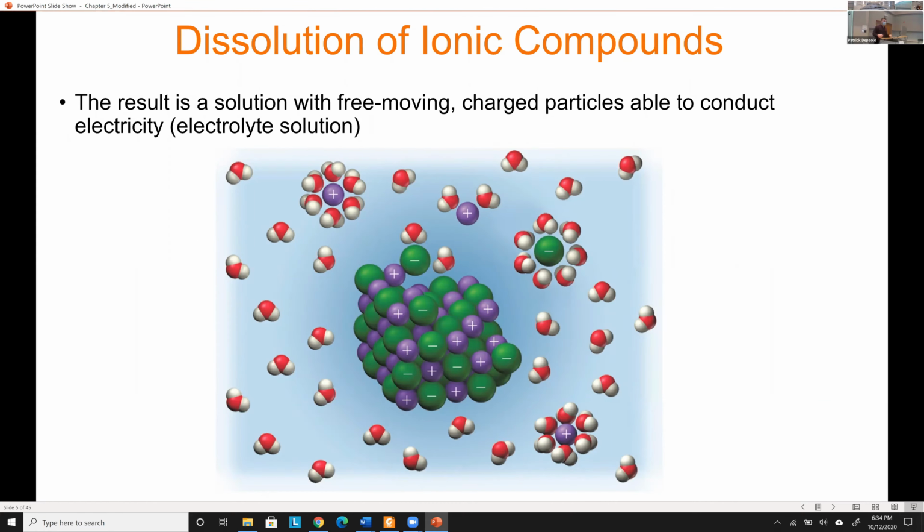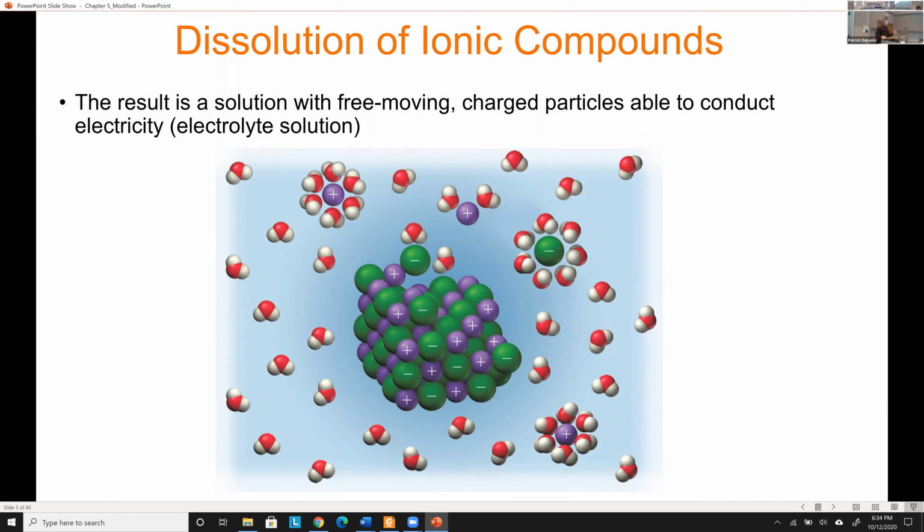Over the course of a couple of seconds, you have millions of water molecules attacking millions of sodium chloride units, ripping them apart into their ionic components.